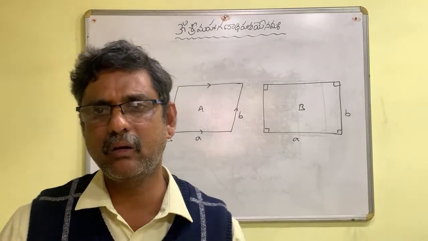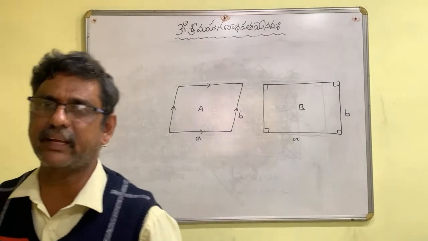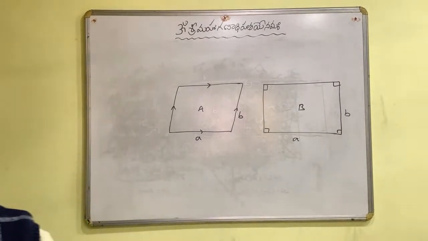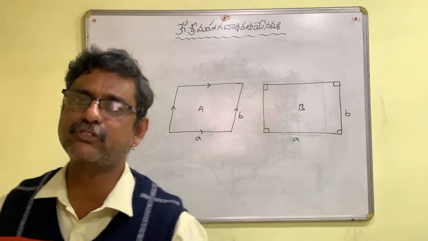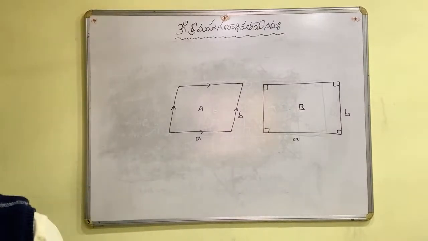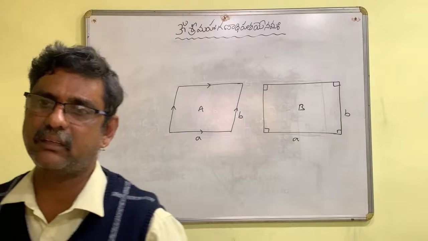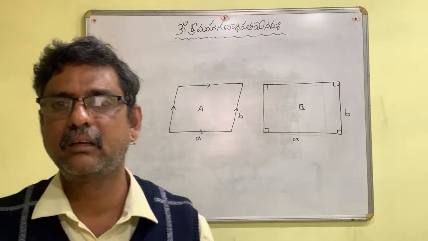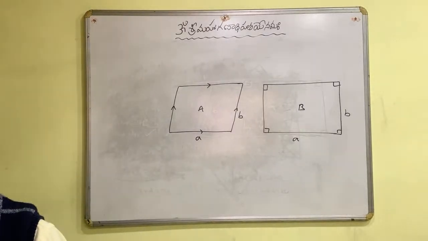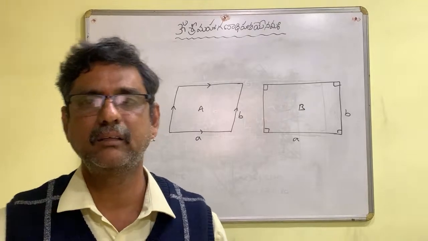Height of the parallelogram will be less than the side of the rectangle. How can you say that the height of the parallelogram is less than the breadth of the rectangle?